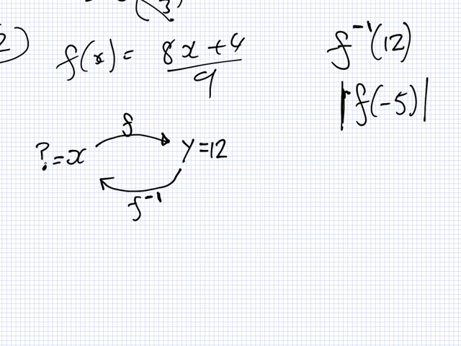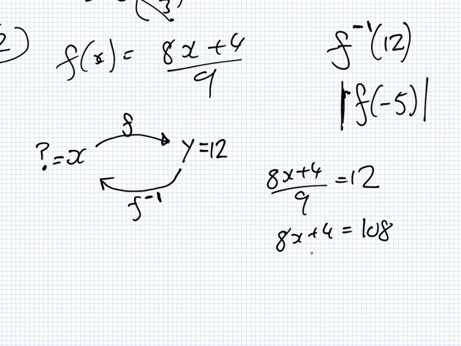There are 2 ways to do this. One way is to find the inverse function and then put in 12. But another way is just to figure out what value of x got you to 12 to begin with, which just means solving this. So that would be 8x plus 4 equals 9 times 12, which is 108. So that means 8x is 104. So x is 104 over 8, which is 13.